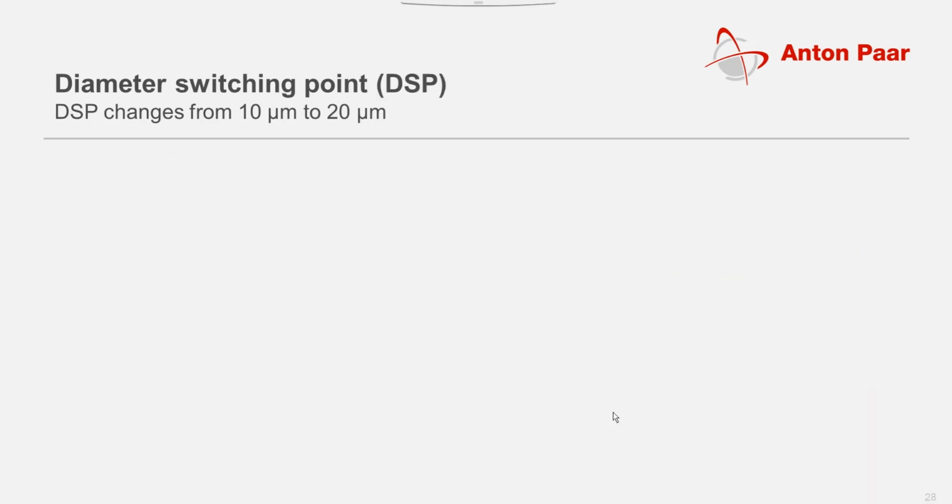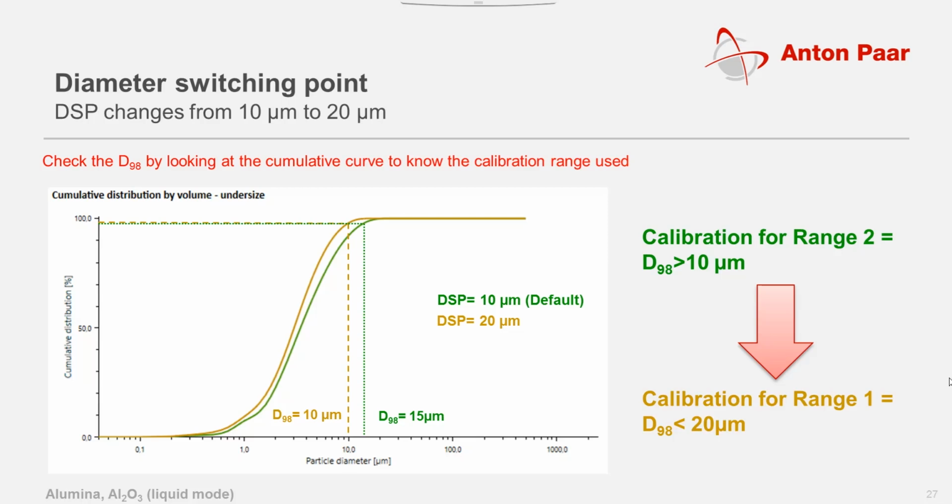In fact, we increase the diameter switching point to 20, and in this way the calibration for range 1 is used. The D98 of the new yellow cumulative, calculated with the calibration for range 1, is in fact now 10, which is smaller than the diameter switching point, 20.